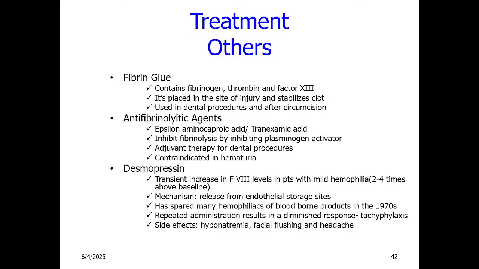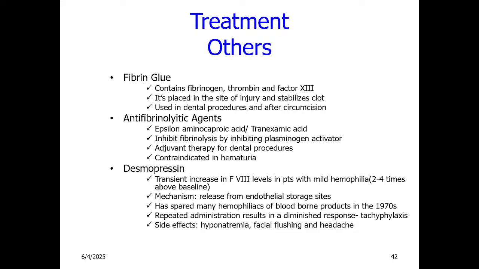So, what are the local treatments or non-factor therapy we can give? One is fibrin glue. It contains fibrinogen, thrombin and factor 13. It is placed at the site of injury and stabilizes the clot, used in dental procedures and after circumcision.